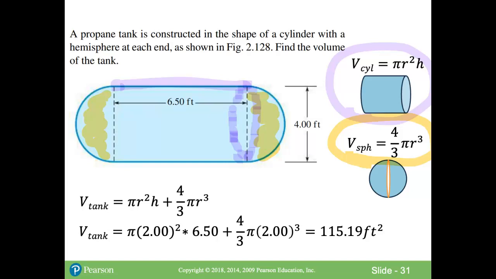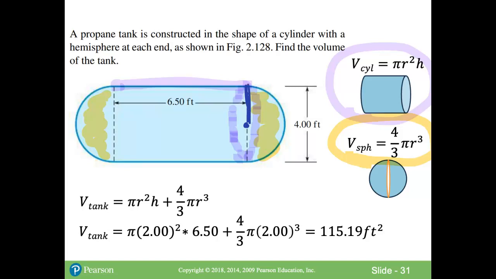And then it's a matter of plugging in values. For the radius of this cylinder, we're looking at a segment that goes from the center of the circle to a point on the circle. We need that length. That's the radius.